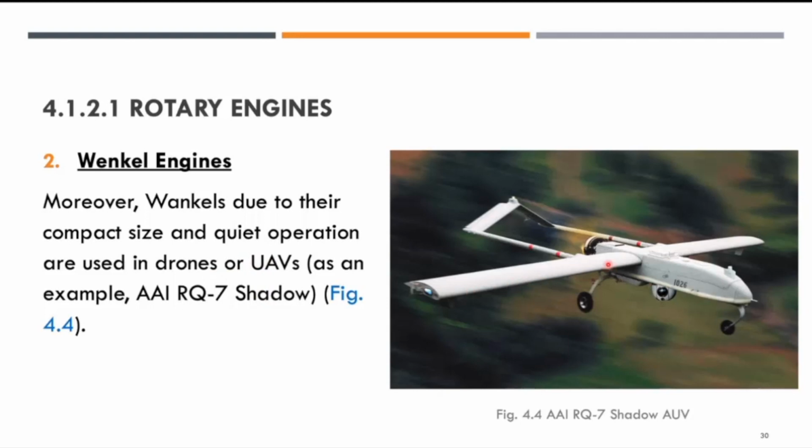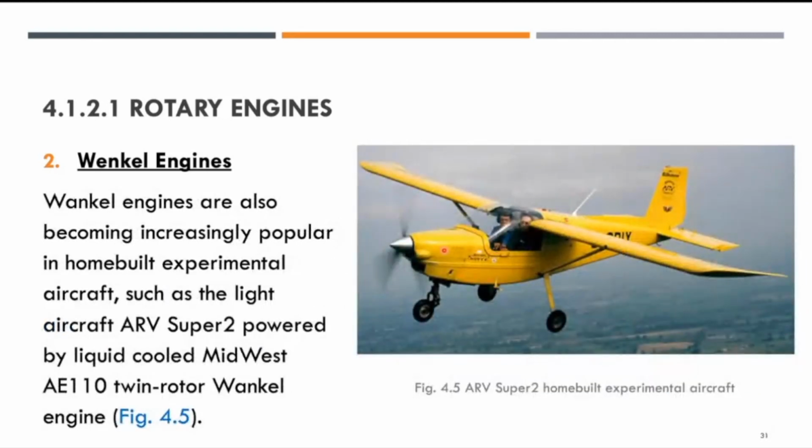It is installed at the rear, where there is a propeller hooked to the Wankel piston engine. Wankel engines are also popular in home-built experimental aircraft, such as the light aircraft ARV Super2, powered by a liquid-cooled Midwest AE1110 twin-rotor Wankel engine.